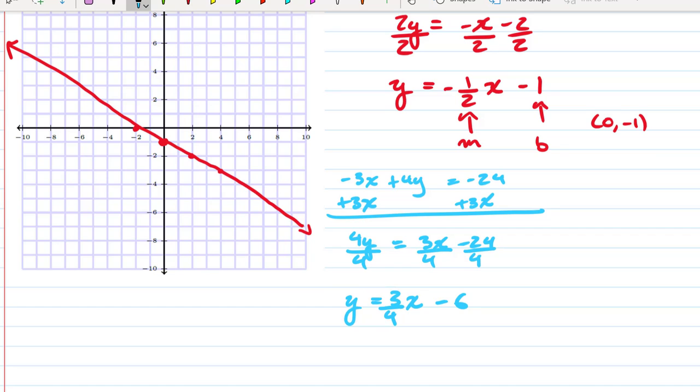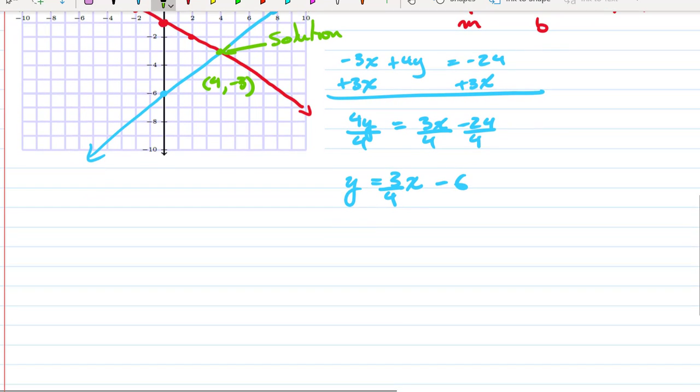So once again, I have my slope and my y-intercept, so I start at the point 0, negative 6. I go up 3 and over 4, up 3, over 4, and I connect the dots. And then I have my solution, which is right here, the point of intersection of those two lines, which is at the point 4 and negative 3.